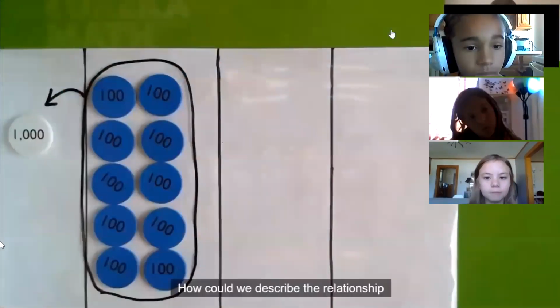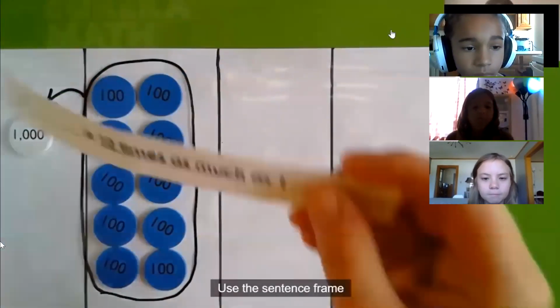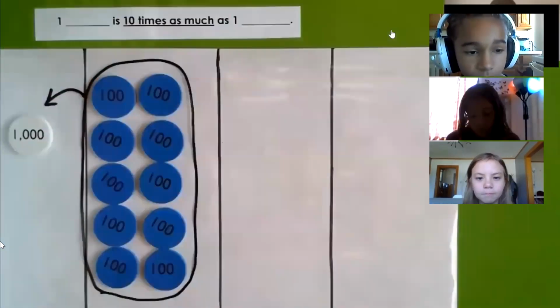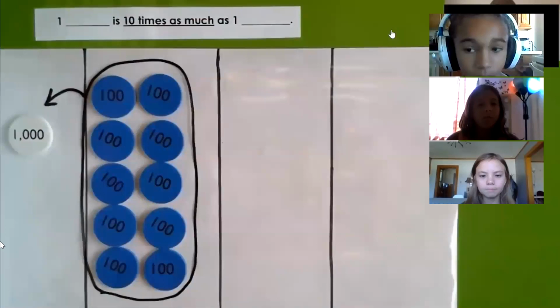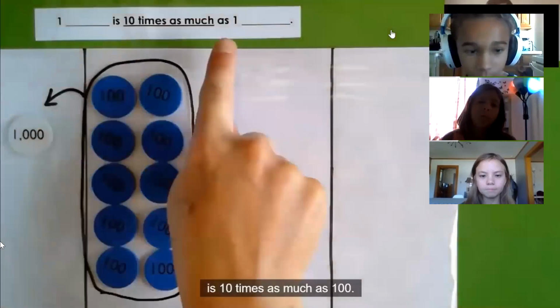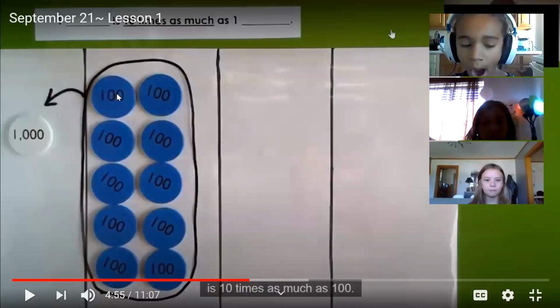How can we describe the relationship between these place value units that we just modeled? Use this sentence frame to help you. So now we should be putting in the thousands. So 1,000 is 10 times as much as 100. So here you're taking 100 and multiplying 100 by 10.